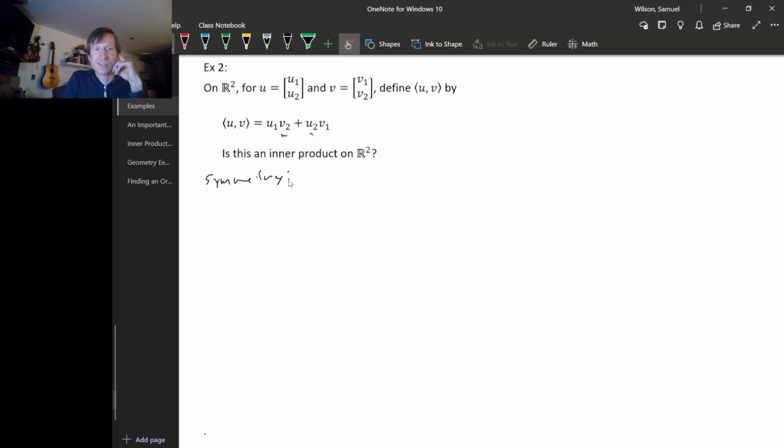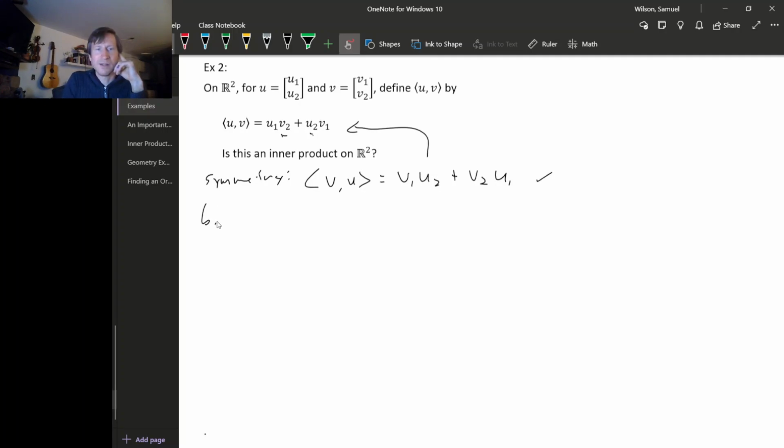First let's check symmetry. What is V inner product with U? That's going to be V1 U2 plus V2 U1. Is that equal to this up here? Yes, it is. So this is symmetric.